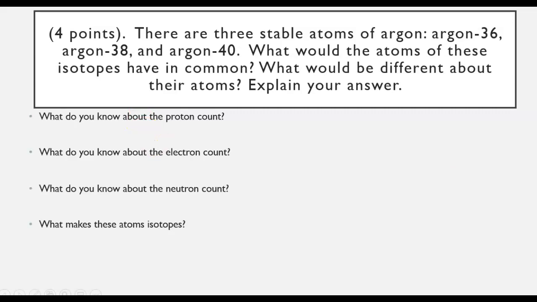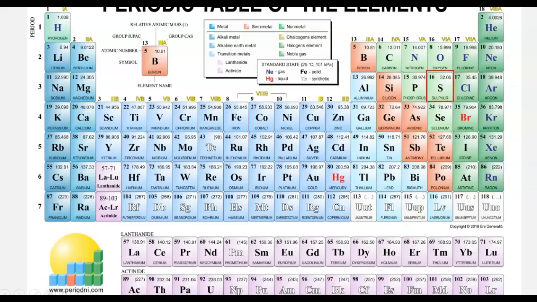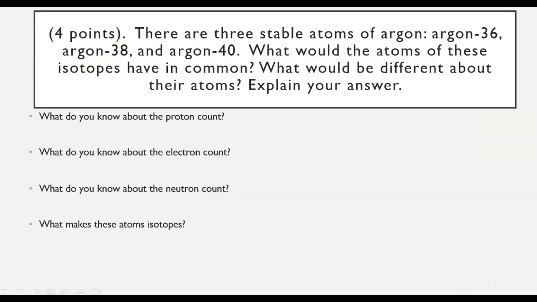Well, to determine that, we're going to have to go back into our periodic table and find argon, which is right here. Argon is right there. So I can see that the atomic number is 18 and it has that mass. Well, let's go back over here. All right, so I have 18 protons.